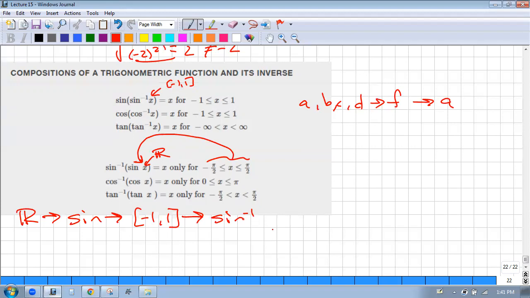Plug 7 into your calculator, it's going to go error. And this guy always comes out with something between minus pi over 2 and pi over 2. So if that's what you're plugging in, that's what you're going to get back, right? But if you plug in something else, you're not going to get it.